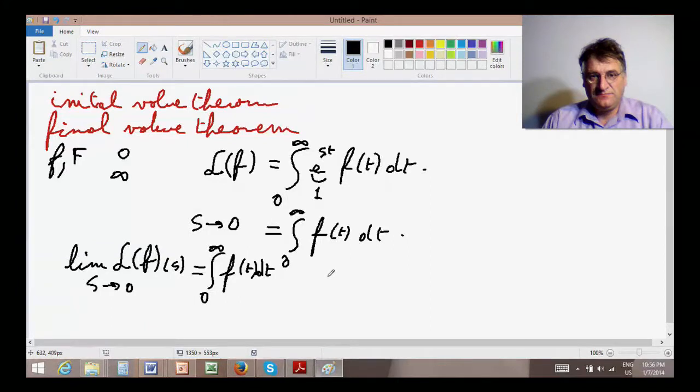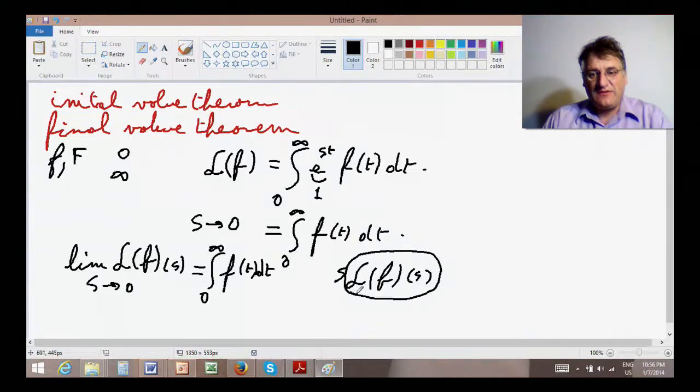Now, what we can try is, instead of taking the Laplace transform of f at s, we're going to try and take s times the Laplace transform of f applied to s. Then what do we get?